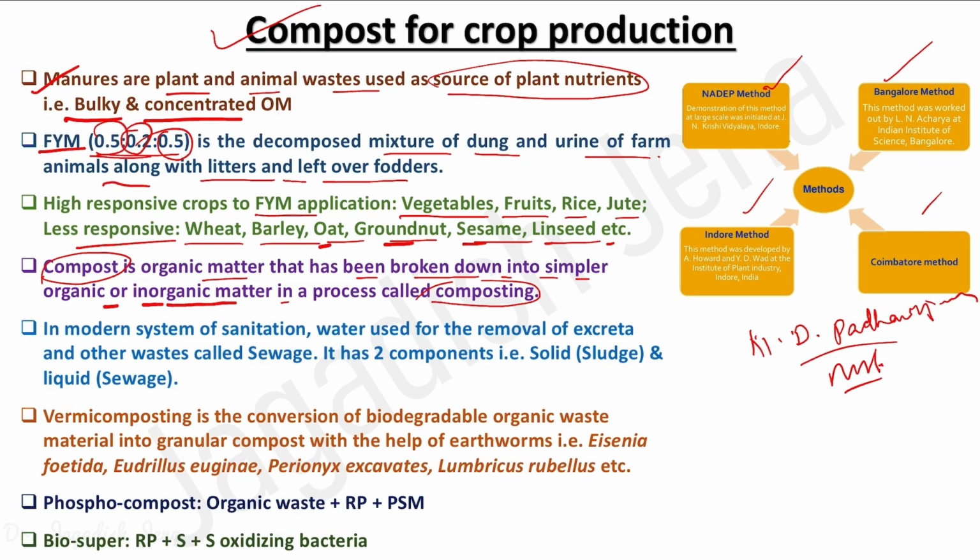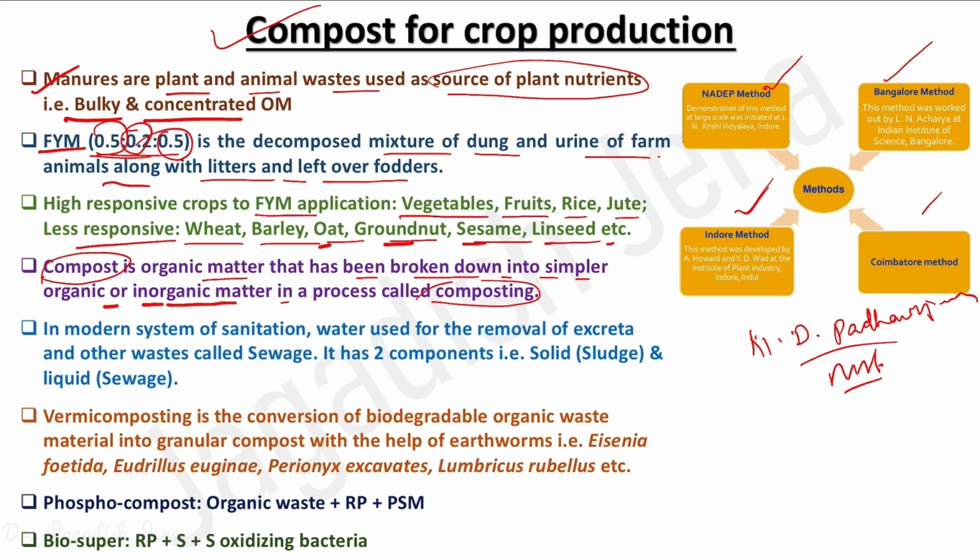Then the Indore method was developed by Howard and Ward. In the Indore method, what happens? The organic waste is spread in the cattle shed, where it soaks up the urine, and along with the FYM and the residue of the excreta of the cattle, it is decomposed.